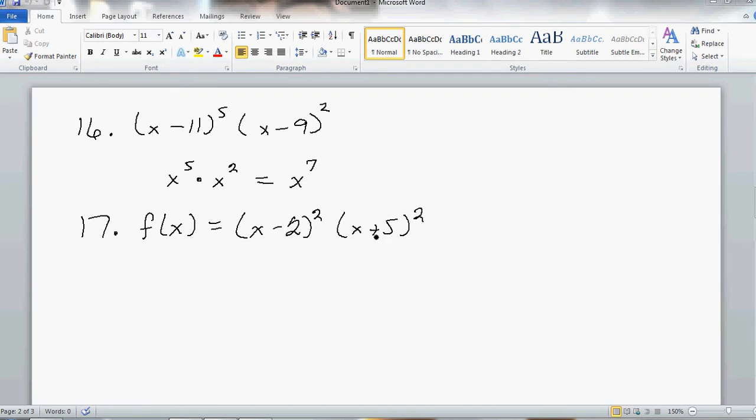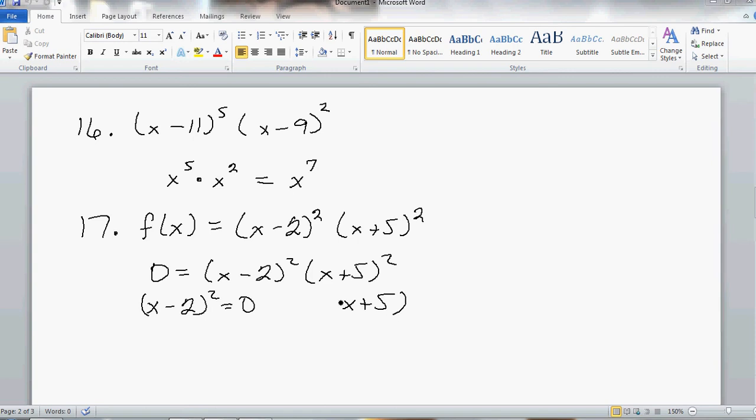The first thing we want to do is find the x-intercepts, which means let y equal 0. So 0 equals x minus 2, the quantity squared, times x plus 5, the quantity squared, and set each one of these equal to 0. Taking the square root of both sides, we get x minus 2 equals 0, so x equals 2.